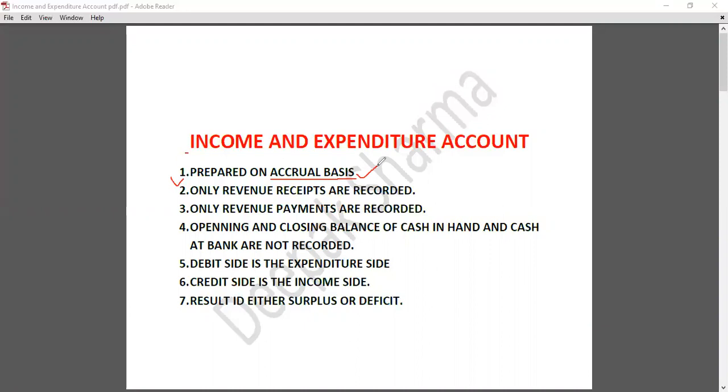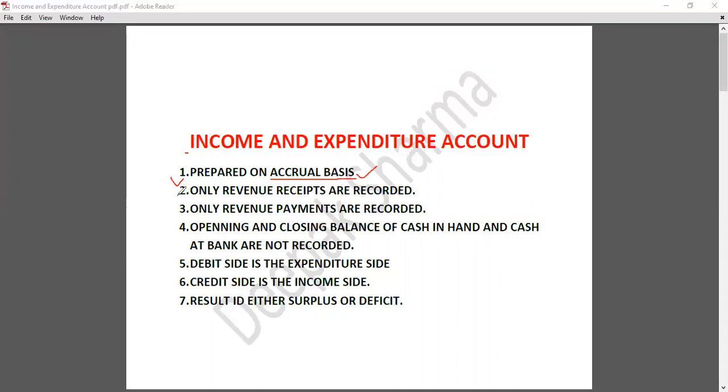So what does accrual basis mean in summary? You can just keep it in mind that accrual basis means those transactions will be recorded in income and expenditure account which don't require the actual receipt or payment of cash. Even if there is no actual receipt or payment of cash, if the transaction has become due, that will be recorded in income and expenditure account.